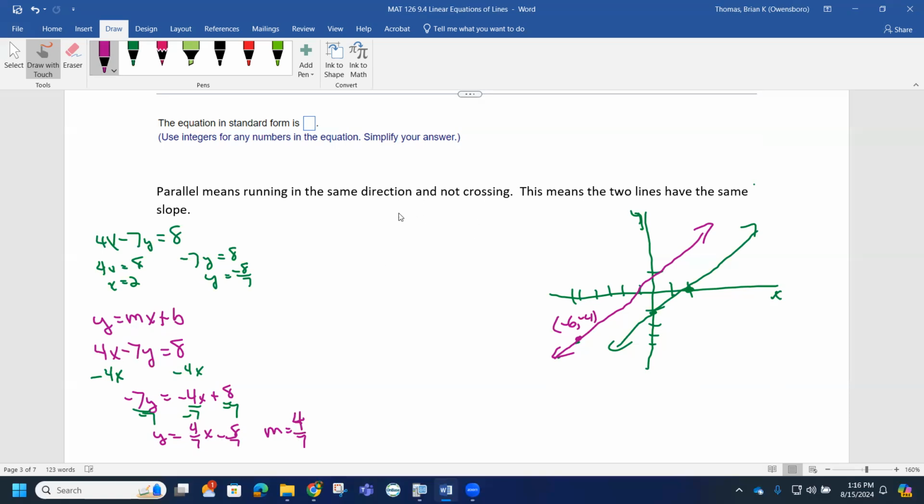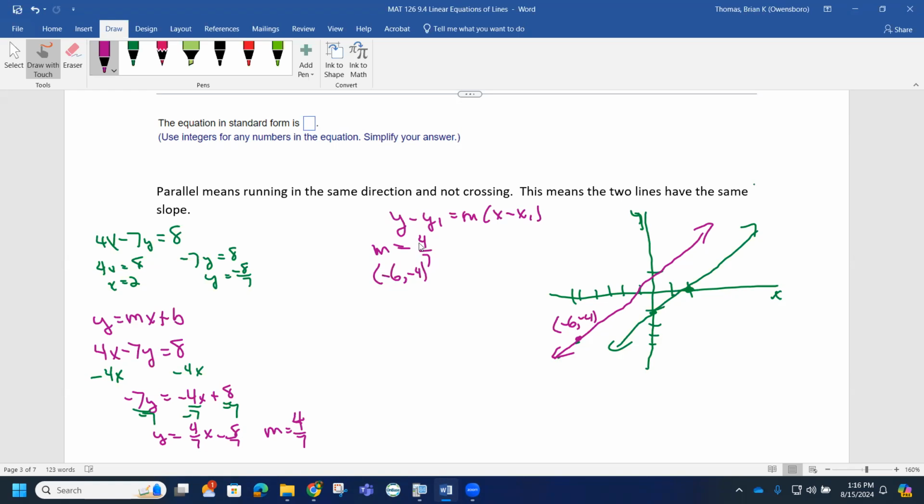So what I can do is use the point-slope form, y minus y1 equals m times x minus x1. I do know the slope of the line we're looking for is the same as the slope of this line, so it's got to be 4/7. We also know that this line passes through the point (-6, -4).